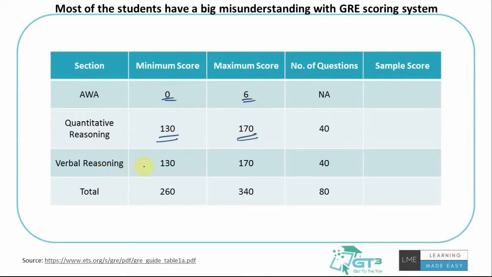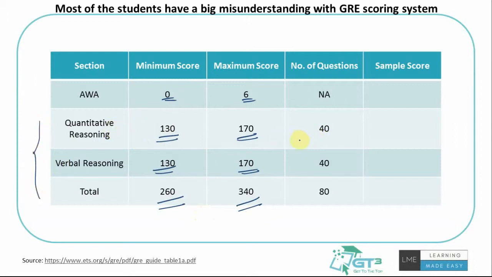The verbal reasoning, same, 130 is the minimum and 170 is the maximum. So 130 plus 130, 260 is the minimum score a person can get in the GRE, and 170 plus 170, 340 is the maximum score a person can get. So the AWA score will be given separately from 0 to 6. So let's focus on this first. I'll talk about AWA a little bit later.